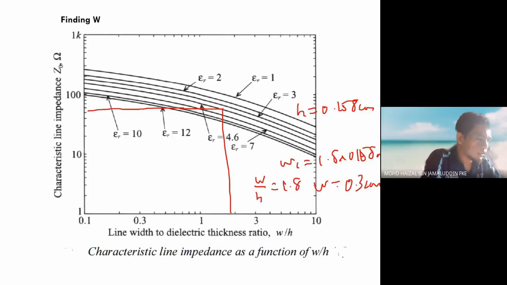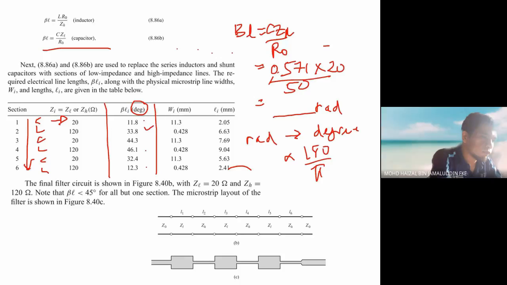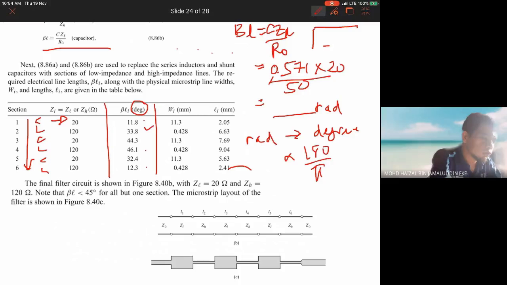of this step impedance filter, for the section we have W1 and H1, which represent the capacitor.